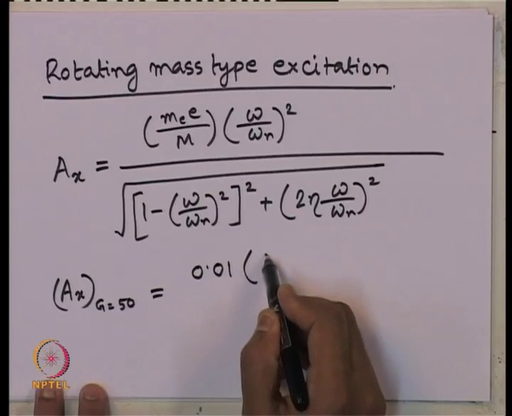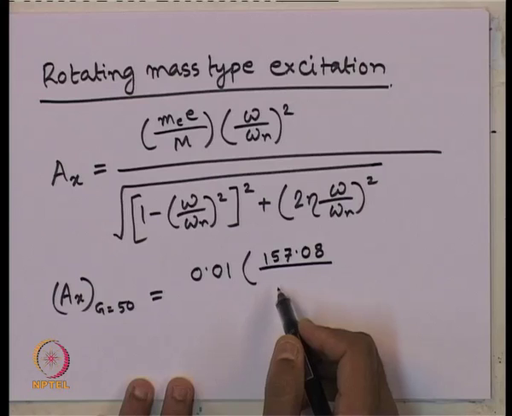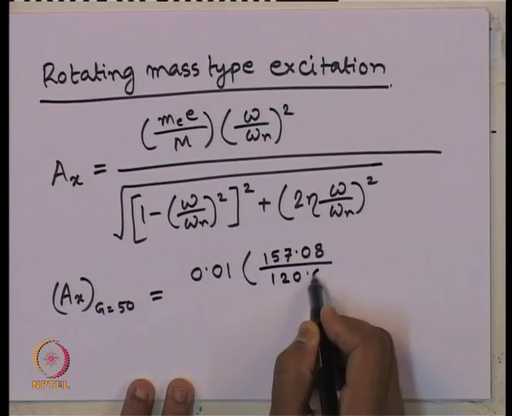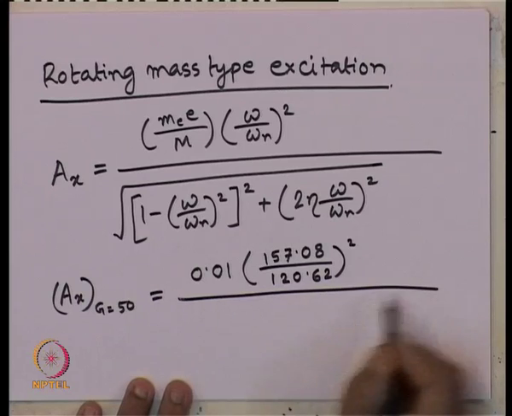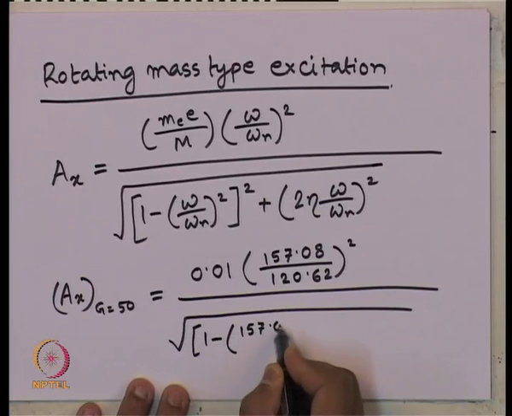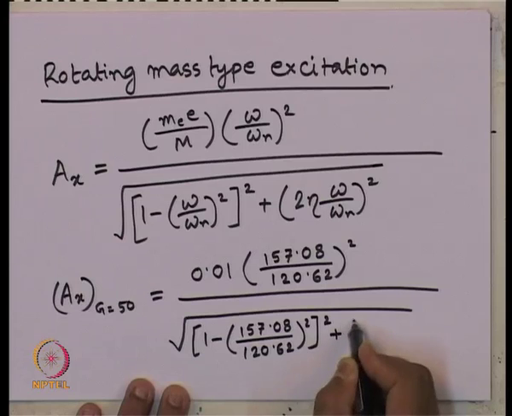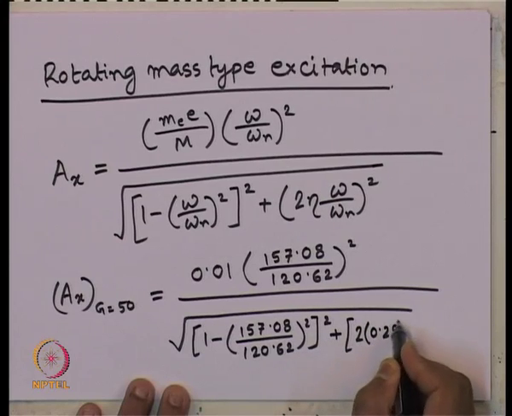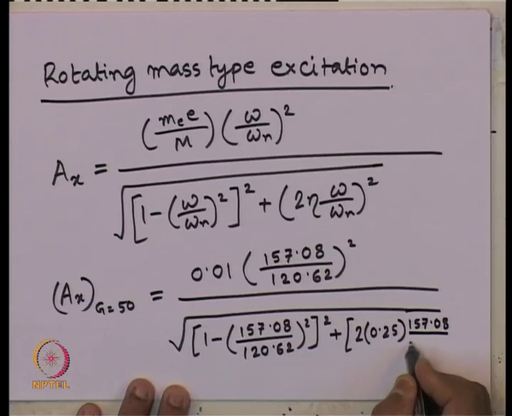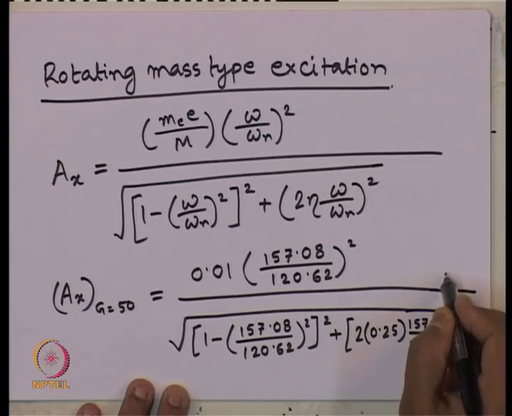Omega is 157.08 and omega n for G equals to 20 we got 120.62, whole square root over 1 minus 157.08 by 120.62 whole square, that square, plus 2.25 times 157.08 by 120.62, that whole square. So much of centimeter.